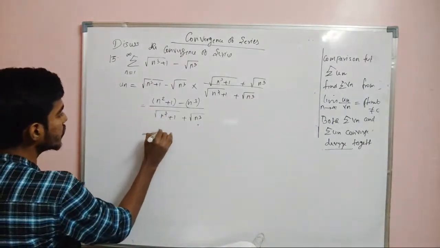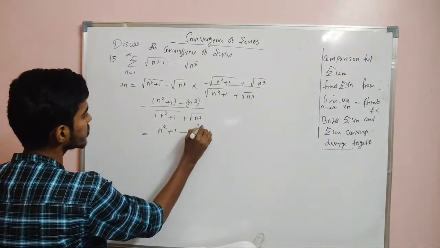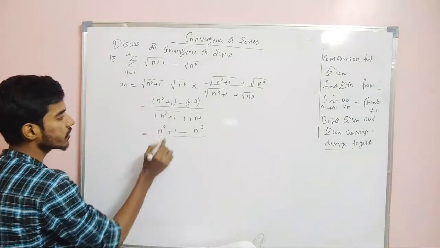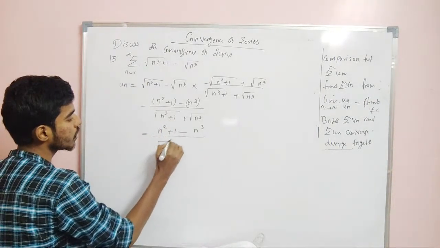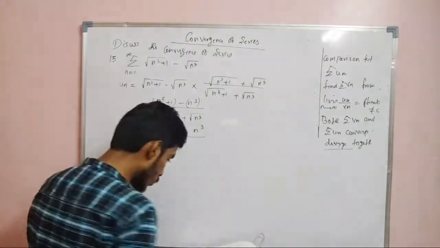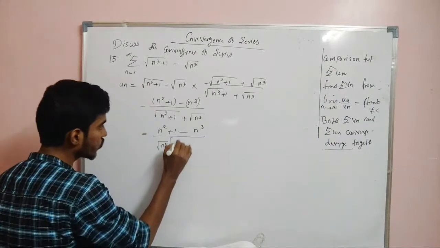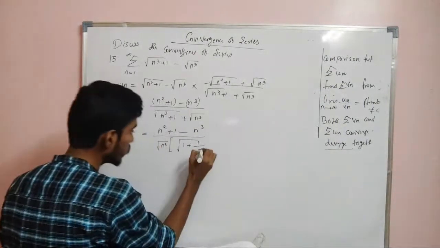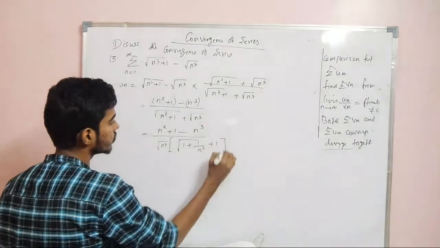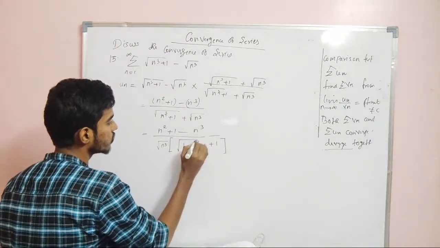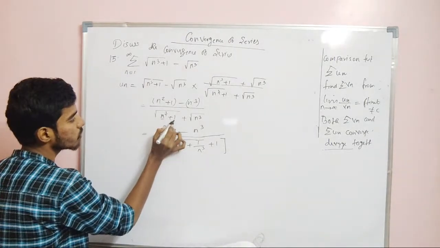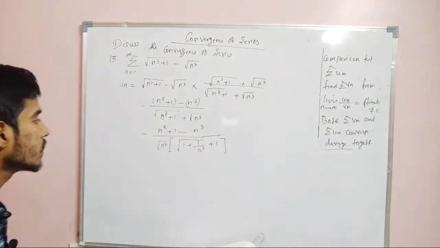Now this will be n square plus 1 minus n cube divided by, now you can see I can take n cube common. If I take root n cube common, here we will have square root of 1 plus 1 by n cube plus 1. So I have taken root n cube common, so we will have 1 plus 1 by n cube, and here we will have only 1.